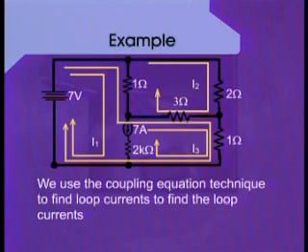Now we have to find the currents which are flowing through all these 3 meshes. Before we start treating this circuit, we have decided that we'll be solving it using the coupling equation technique.